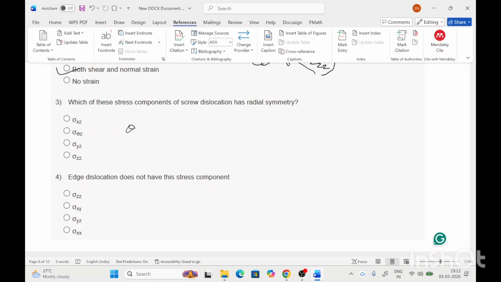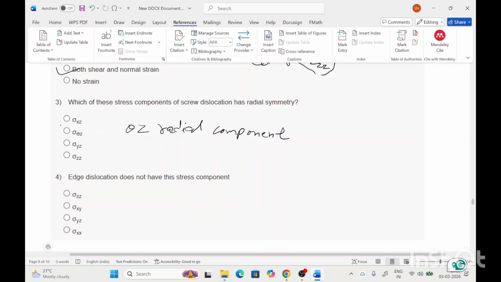Means the theta z is the radial component. So it shows the radial symmetry around the dislocation core. So sigma theta z represents the screw dislocation radial symmetry.